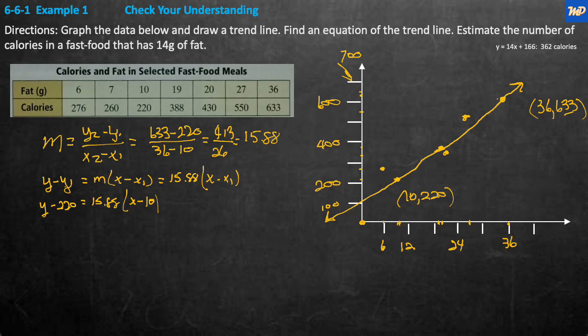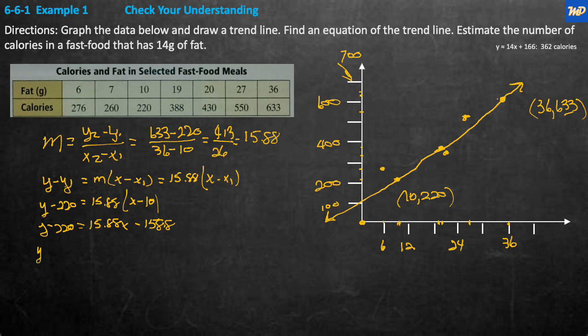Okay, so now we have this far. This is our equation, right? So we could rewrite this and say y minus 220. So we could run this out, right? So we can say y minus 220 is equal to 15.88x minus 158.8, right? Because it's 10 times, right? So now we can move the 220 to the other side.